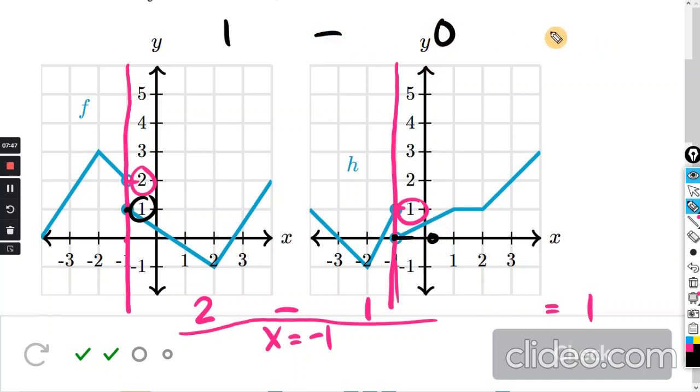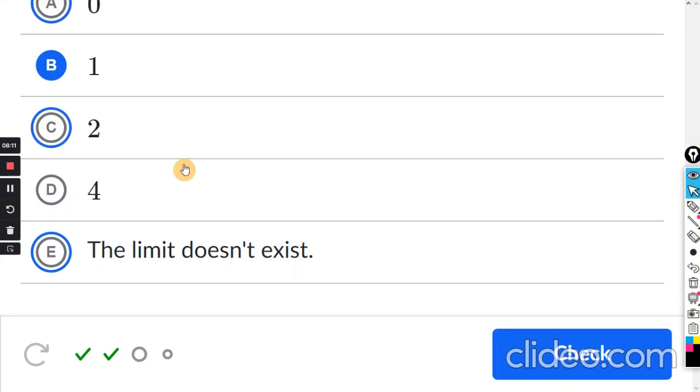So 1 minus 0 also equals 1. It checks out, 1 and 1. So even though this individual limit does not exist at x equals -1, we can do the one-sided limits for both graphs, and if it equals the same number, then that is the answer. Answer B.